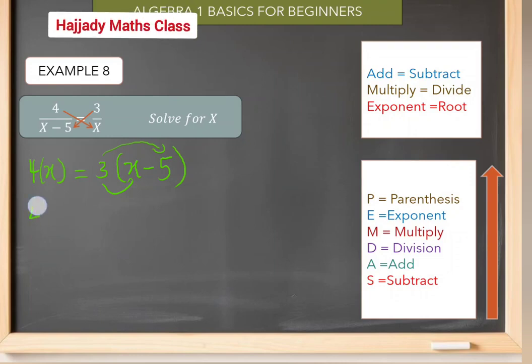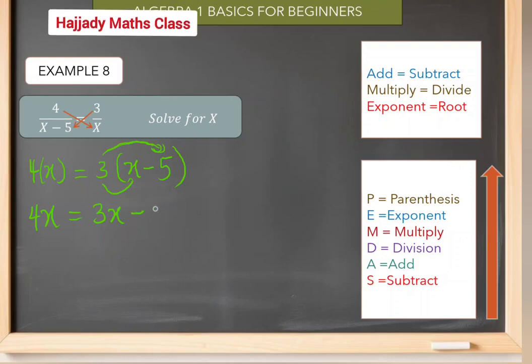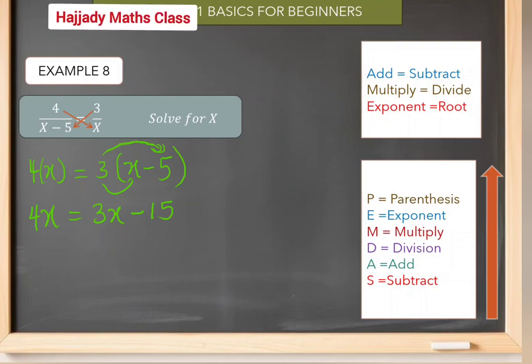So here we have 4x equals, if 3 multiplies x, we have 3x. If 3 multiplies negative 5, we have negative 15. Now to do this further, we need to make sure that we have the x on the left side.